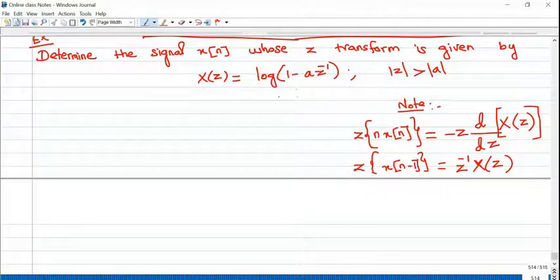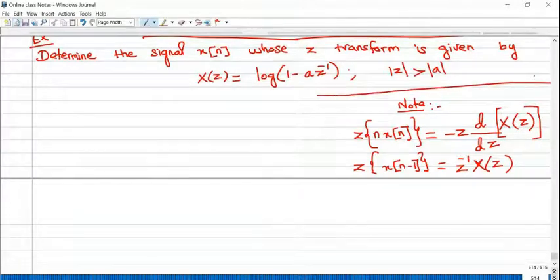But we cannot apply the methods of partial fractions, power series, residue or convolution. Those methods are not applicable to find x of n from x of z equal to log of 1 minus a z power minus 1. Using properties, we are going to solve this problem.